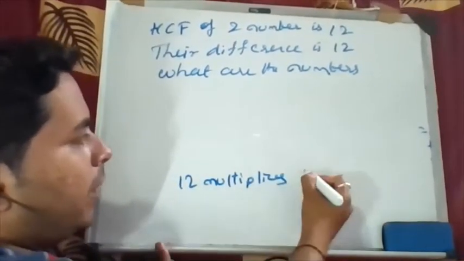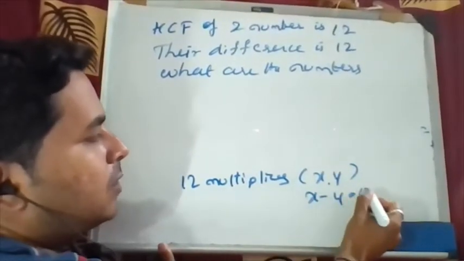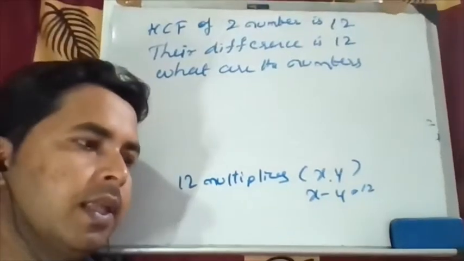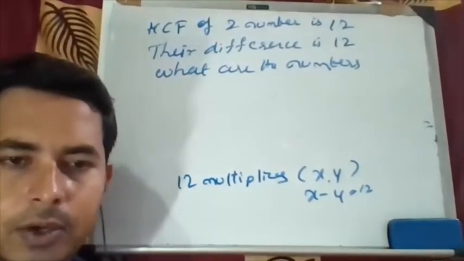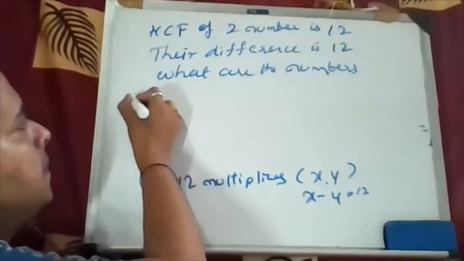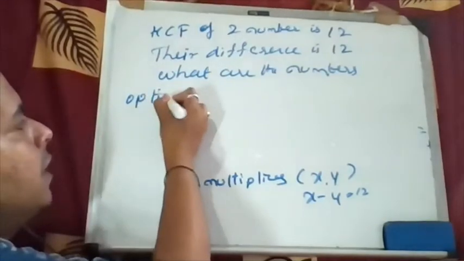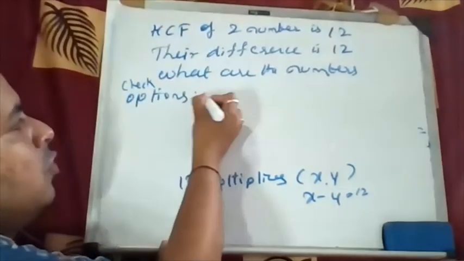Then if you take two numbers x and y, their difference should come as 12. आपको list बनाना है. In this case you have to check the options. Don't go with any solution.